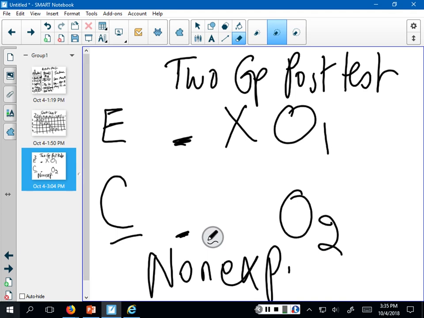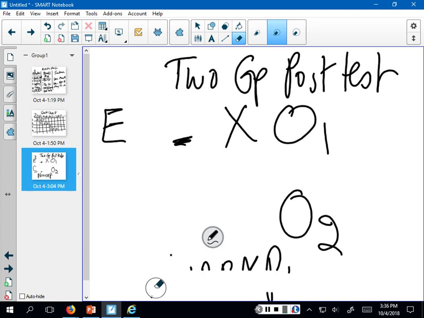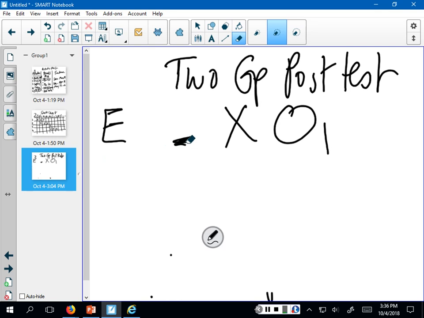Now let's assume for a second that we're not able to identify an appropriate comparison group for our experimental group. Going back to Washington County, we have pre-test data and intervention post-test data, but we're not able to identify an appropriate comparison group.